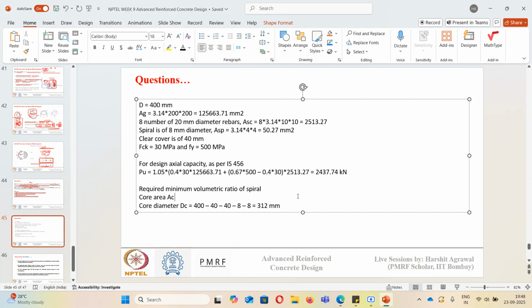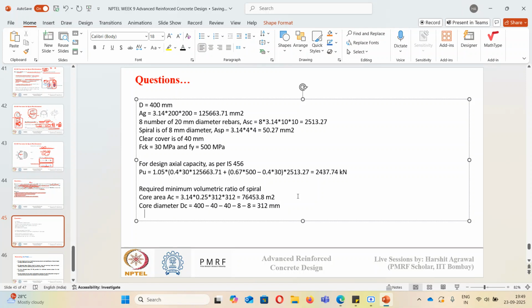So AC will come out to be 3.14 into 0.25 into 312 into 312, which is 76453.8 mm square. This is my AC.